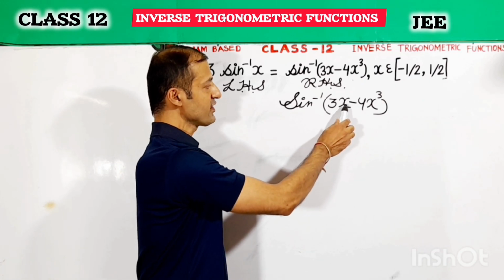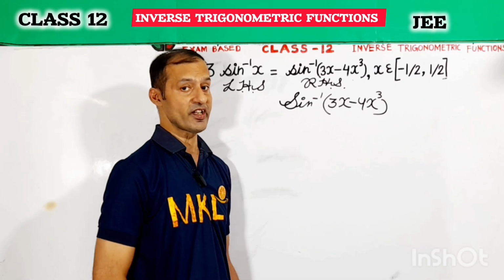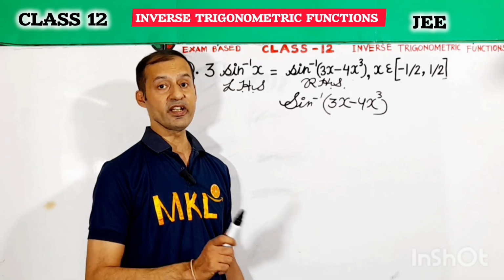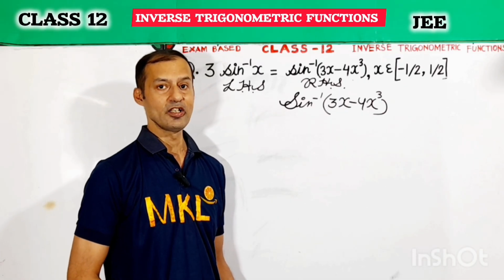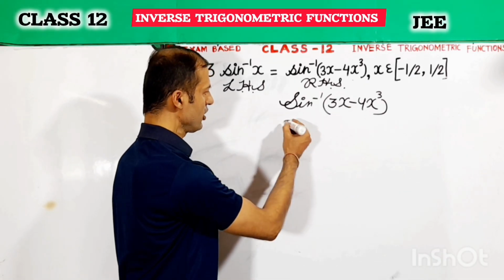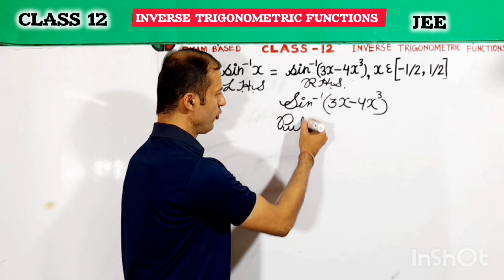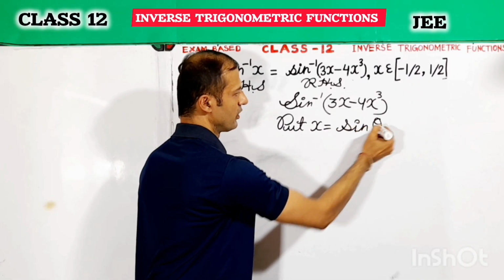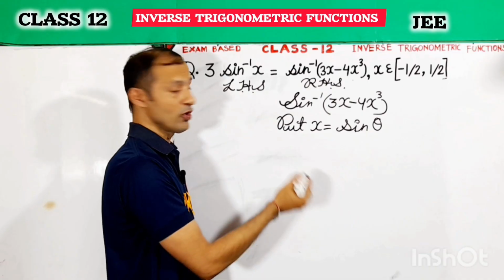Then the sine inverse will be removed with the sine, and second, it will create the sine 3 theta formula. So we'll put sine theta in place of x. Here I write: put x is equal to sine theta.